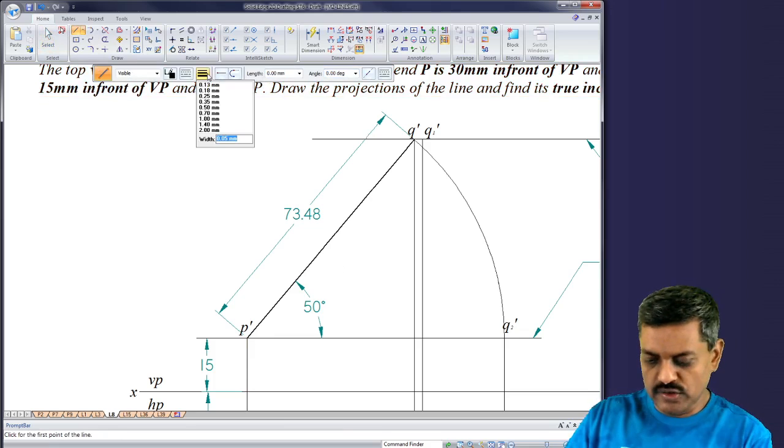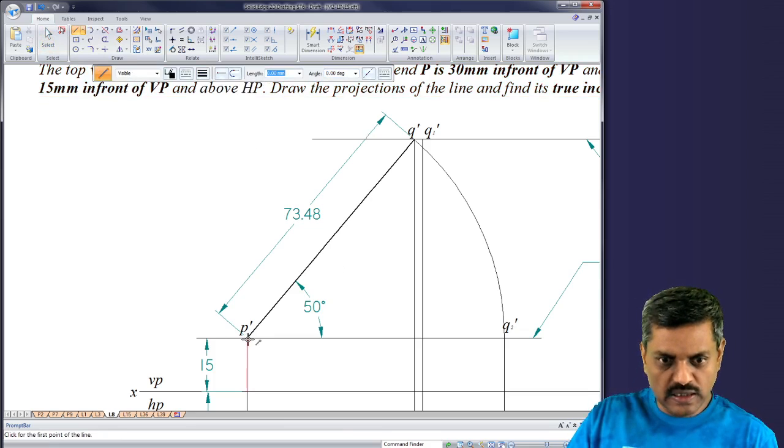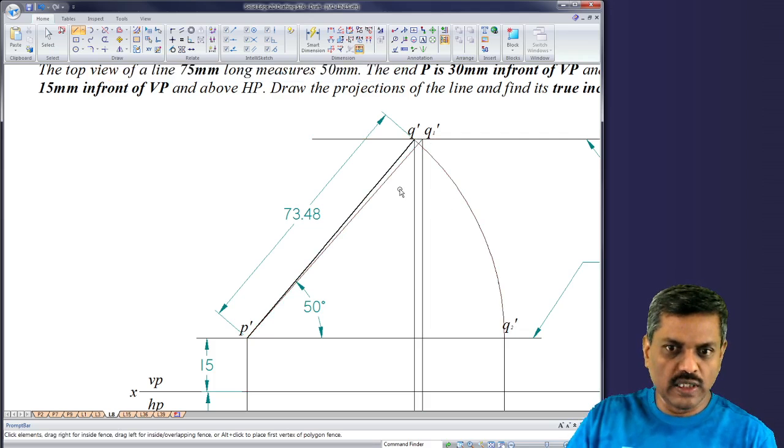So see that it is 0.05, it is okay. Pick up the P dash and then Q1 dash. This is the true length.